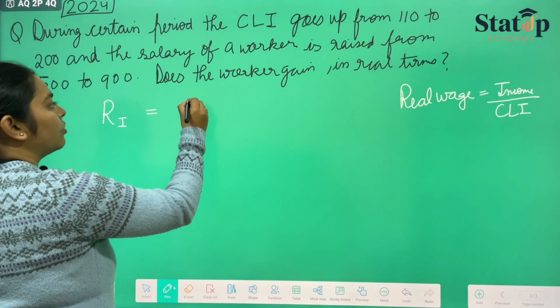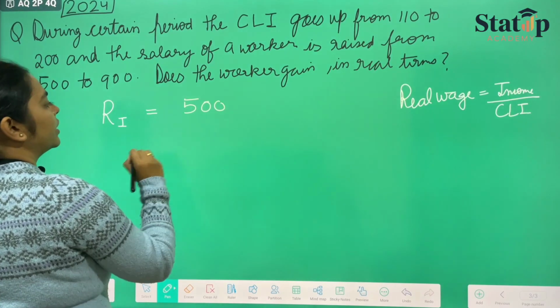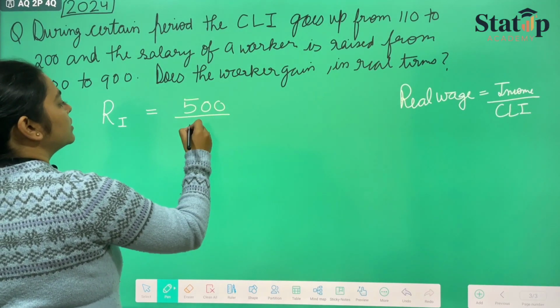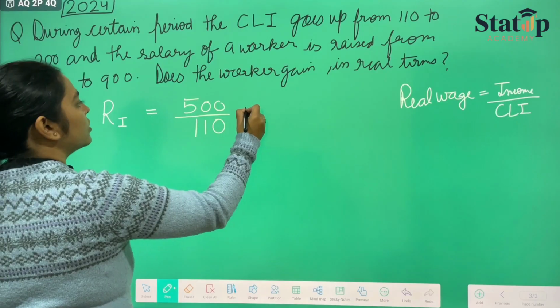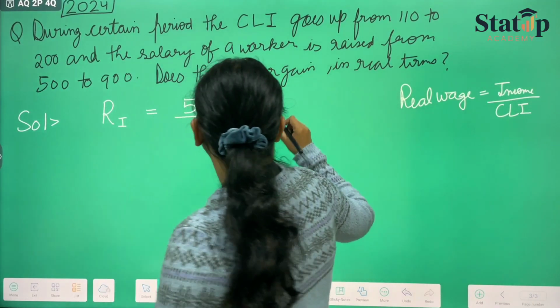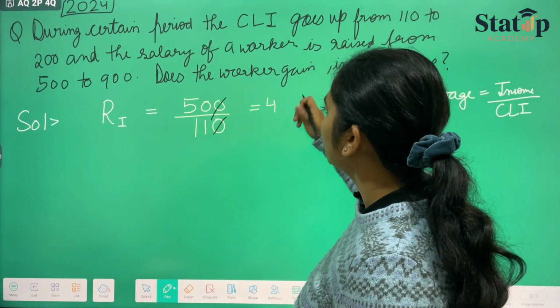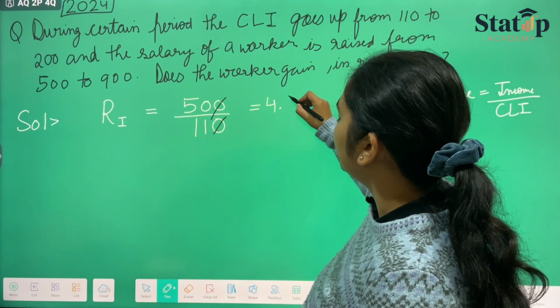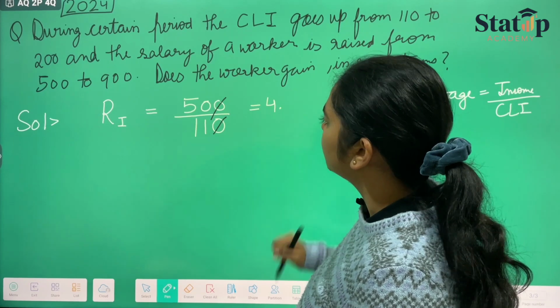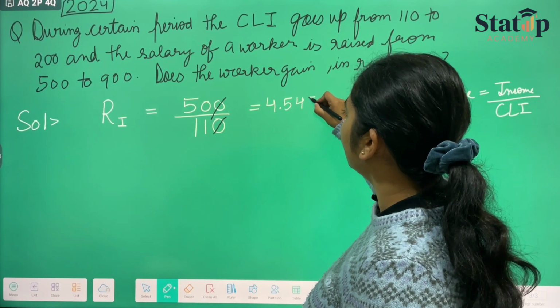So initially the income was 500 and the CLI was 110. So it gave us 11 fours are 44, the 0 and 0 will get cancelled. Point 11 fives are 4, 5, 4.